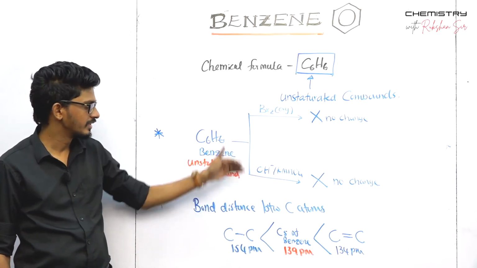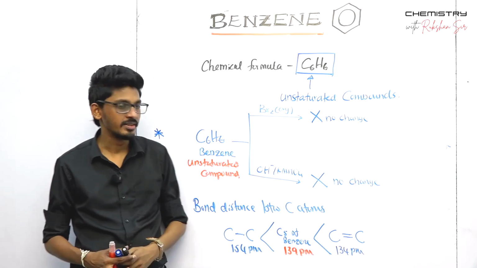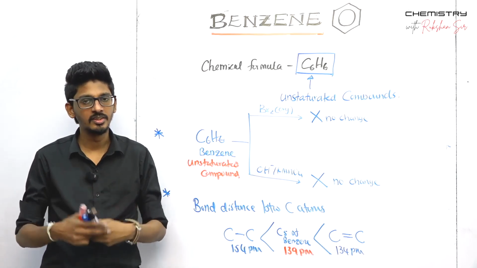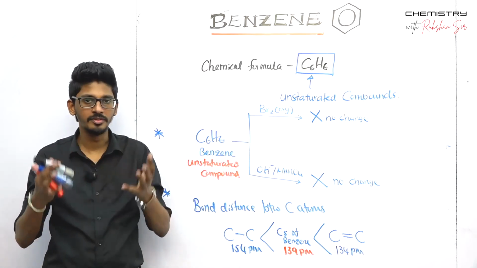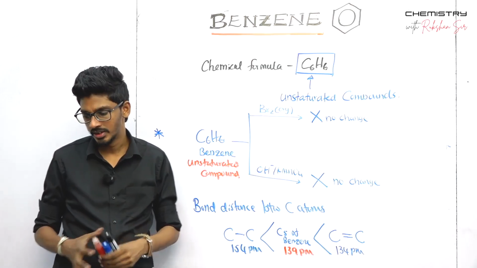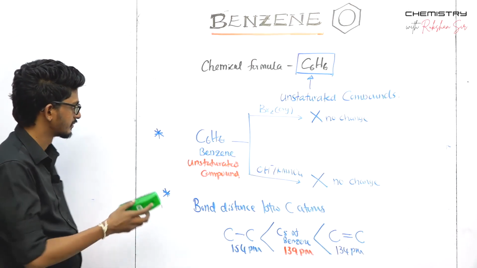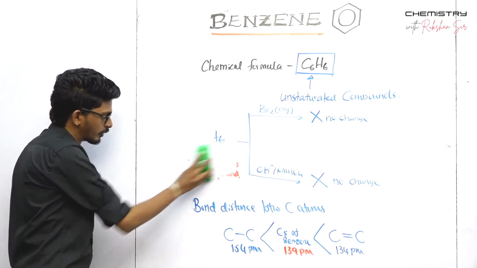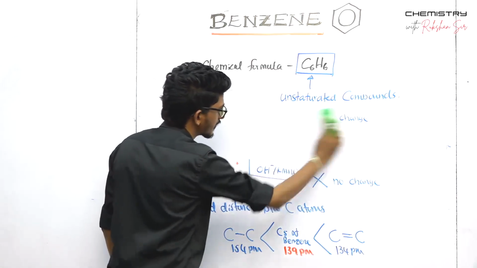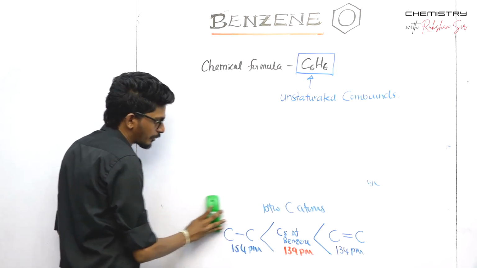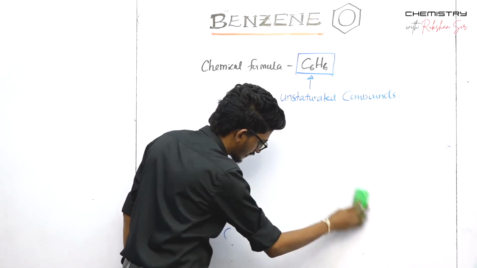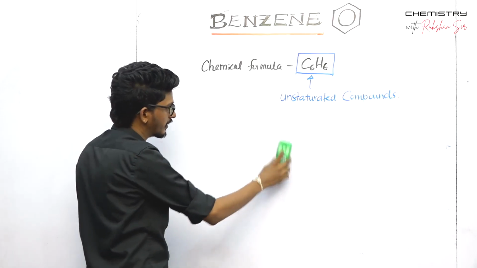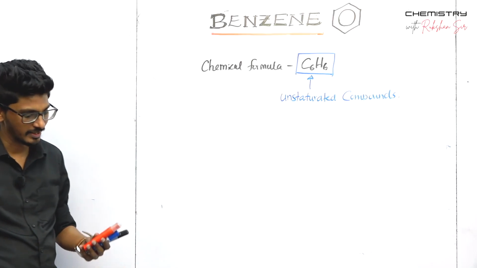So with these observations, scientists were thinking of what kind of bonds appear in benzene, right? So then they came up with these ideas. So what are the ideas? First, the first scientist to propose a structure for benzene is Kekulé.